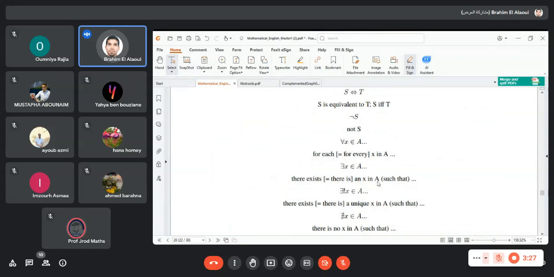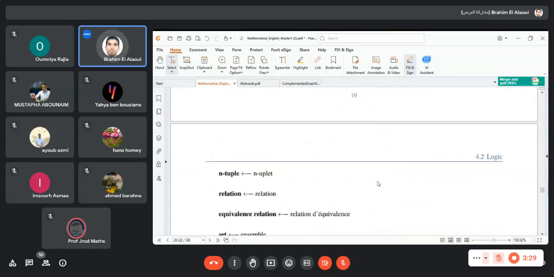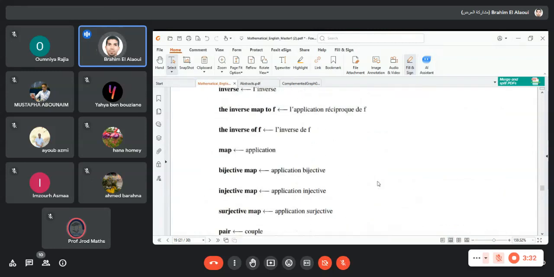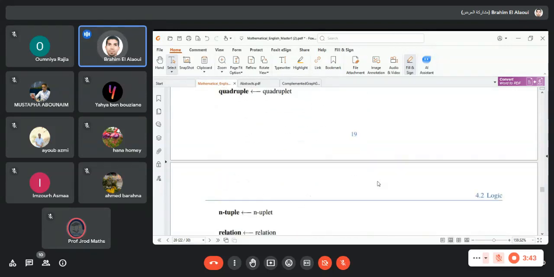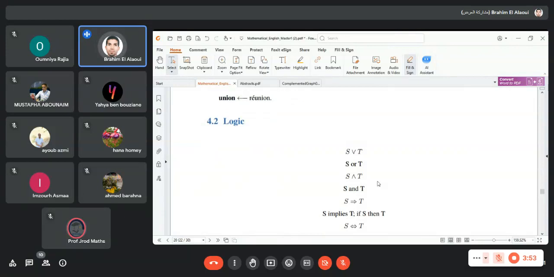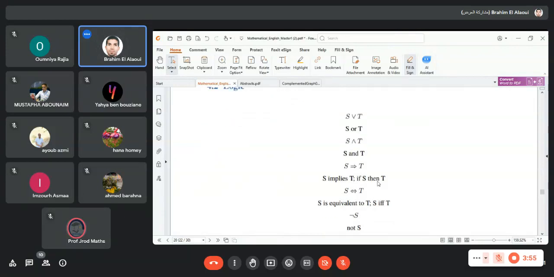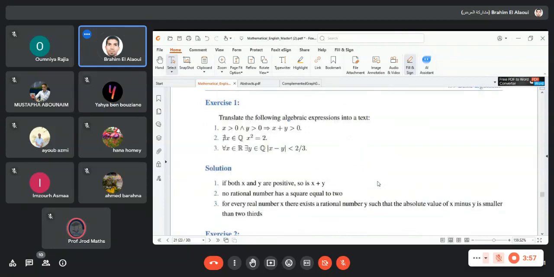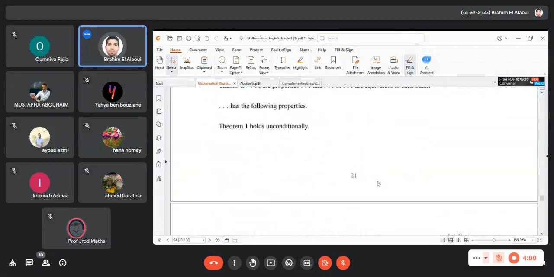For example, as we learned before about inequalities, the vocabulary of inequalities in English is different from the vocabulary in French. When we say, for example, the word I just said, otherwise, I think that in French it also means sinon. Okay.